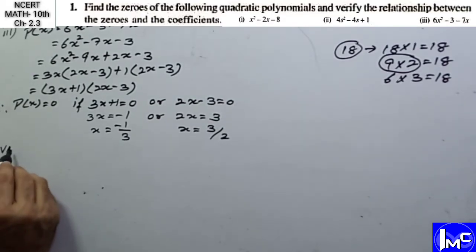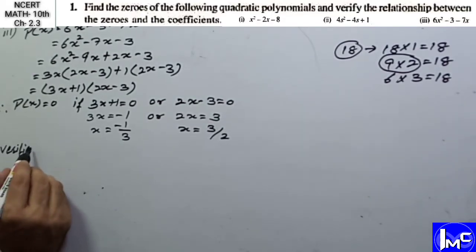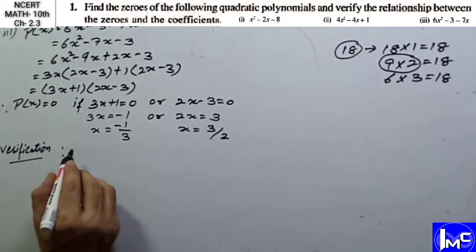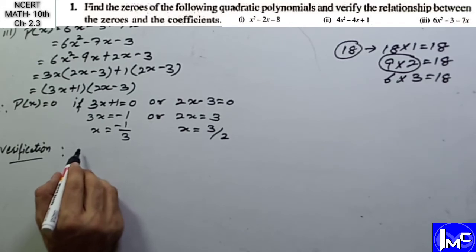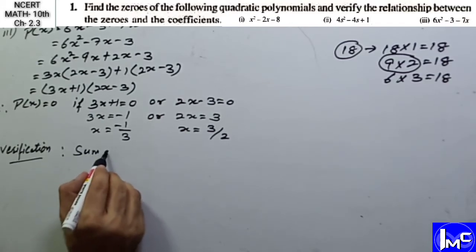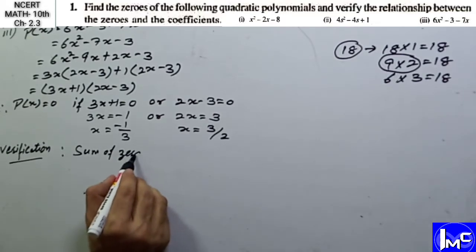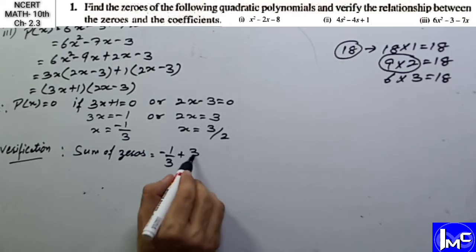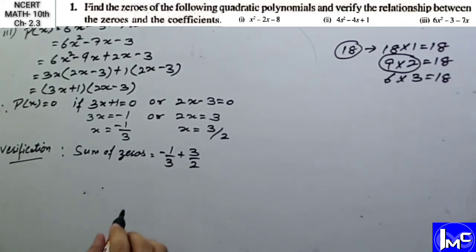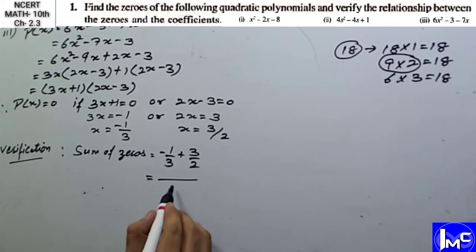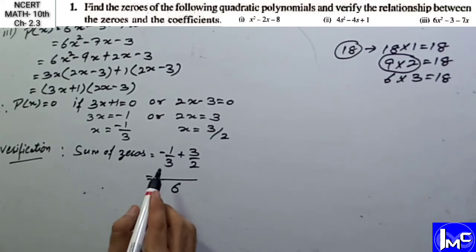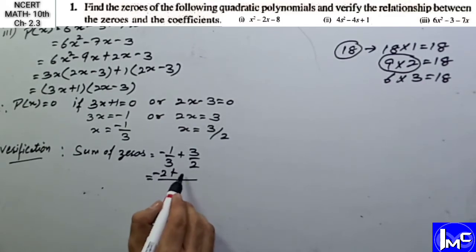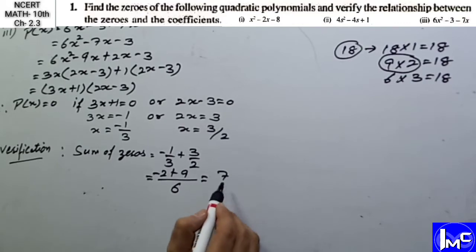Further, verification. Sum of zeros is equal to minus 1 by 3 plus 3 by 2, and by simplifying we shall get 6 as the LCM. 3 twos are 6, 2 ones are 2, 2 threes are 6, 3 threes are 9, so 7 by 6.